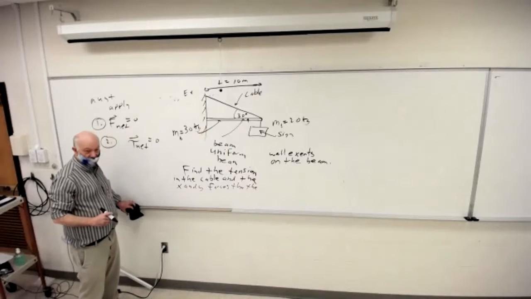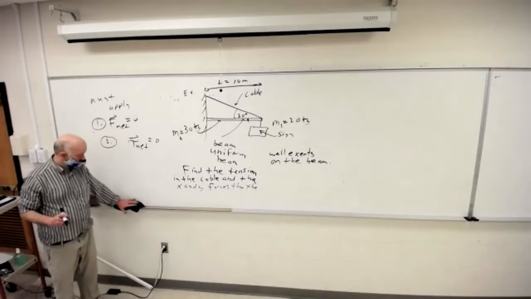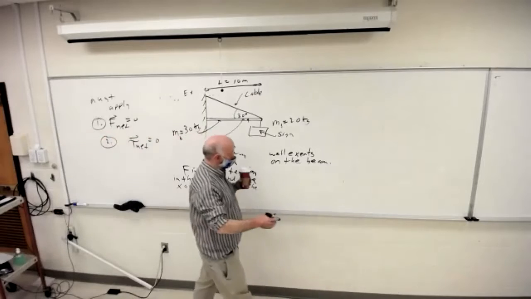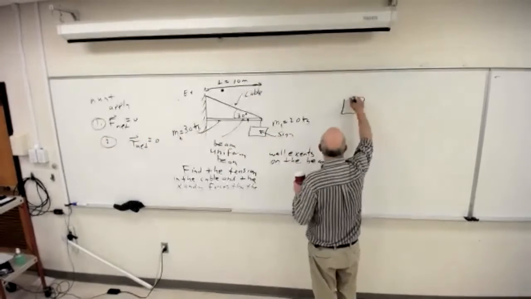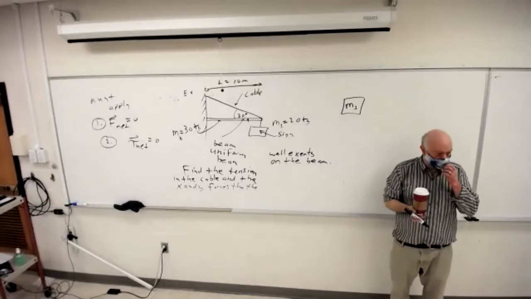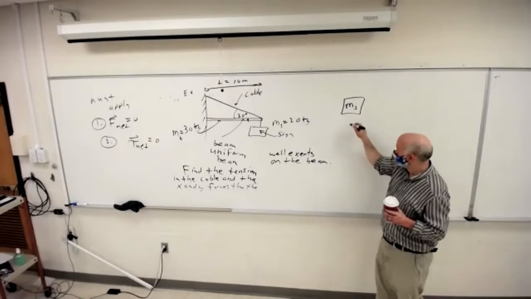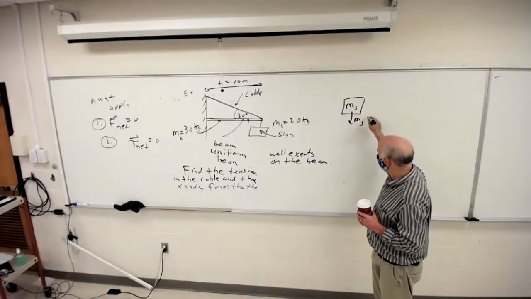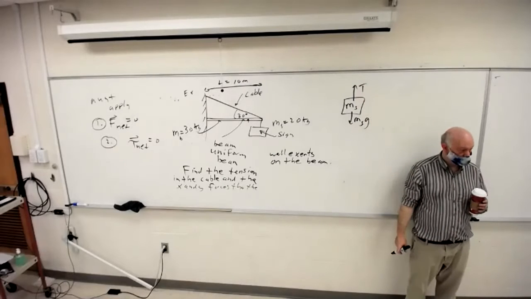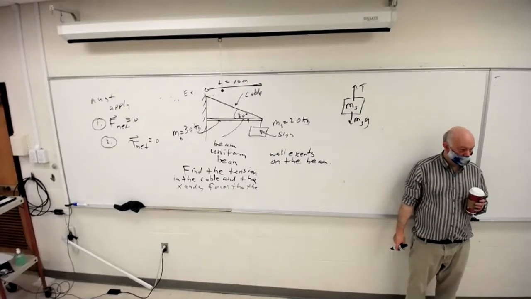You tell me what to do, and I'll give you a hint. Okay, let's do the free body diagram of the sign. What are all the forces on the sign? Weight going down, tension going up.